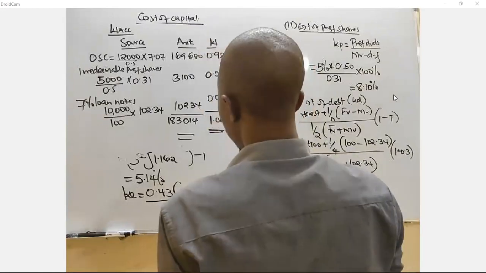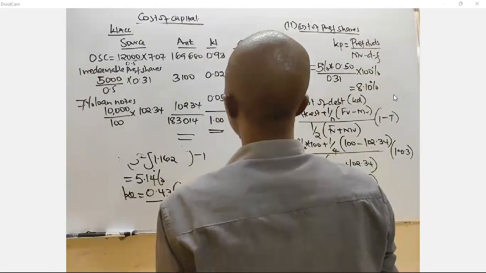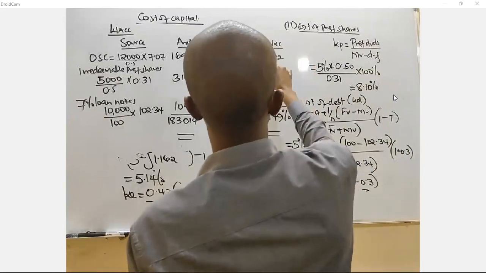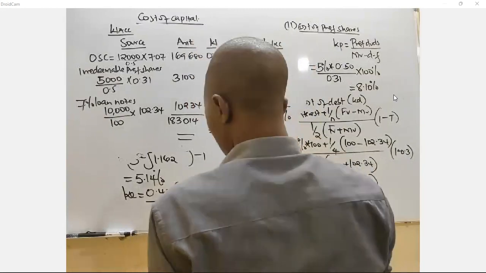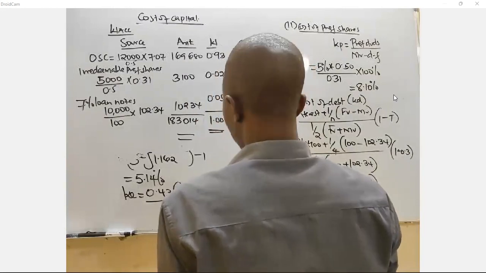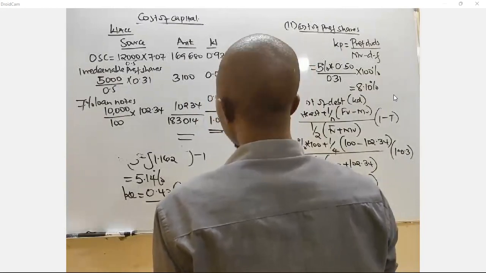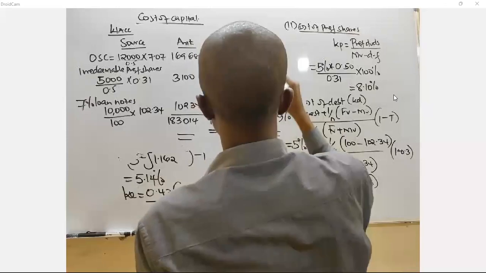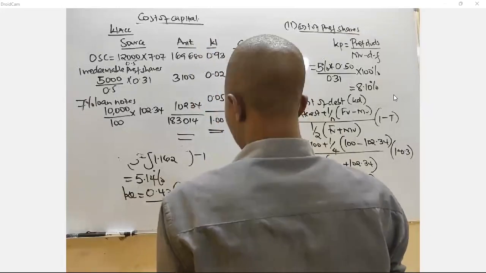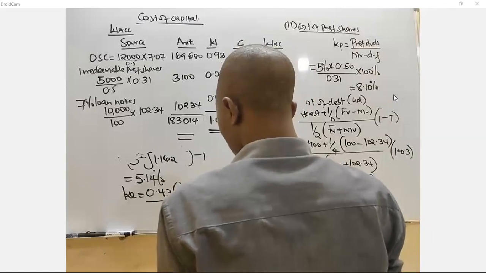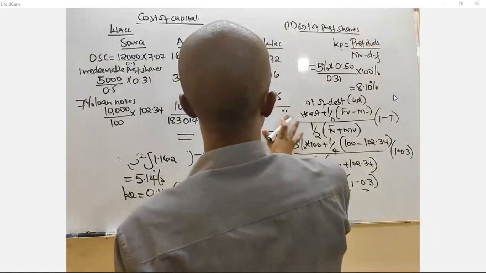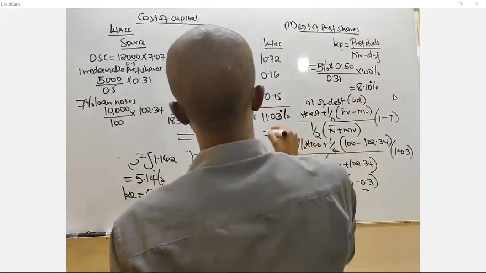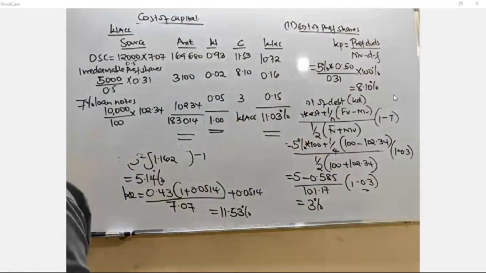This one translates to 0.02 multiplied by 8.10, getting 0.16. Then the first one would be 0.93 multiplied by 11.53, getting 10.72. So 10.72, we add 0.16, we add 0.15, and get 11.03%. Thank you so much for the correction.